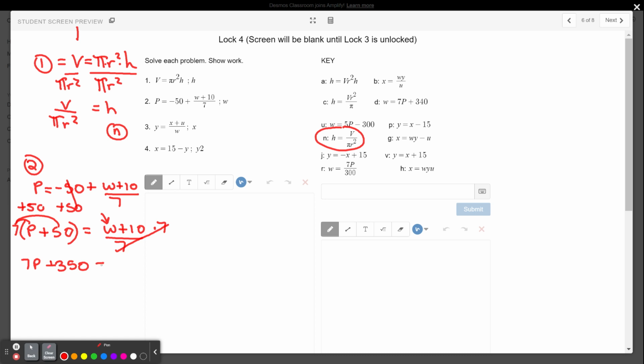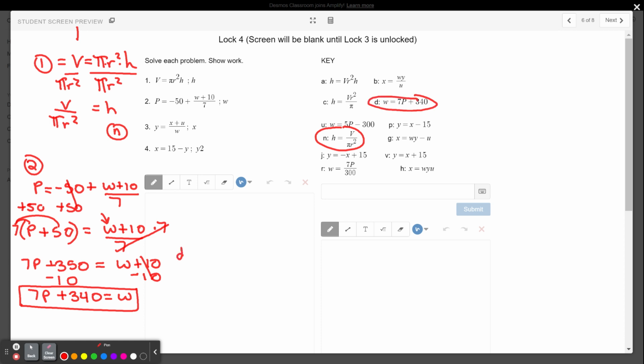So that becomes a 1. And we're left with the numerator. So we're going to minus 10 on both sides because that's the opposite of addition. So then that answer is letter D.